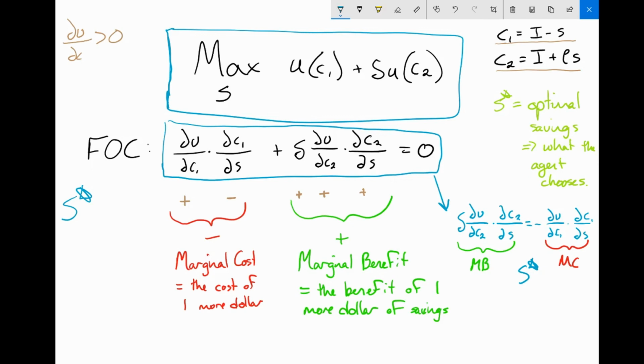Okay, so now what I want to do is dig into this equimarginal equation. I want to unpack it and try to understand, well, why is this the marginal benefit and why is this the marginal cost? So let's do that. I'm going to erase this and then we're going to rewrite it so we have some more space.